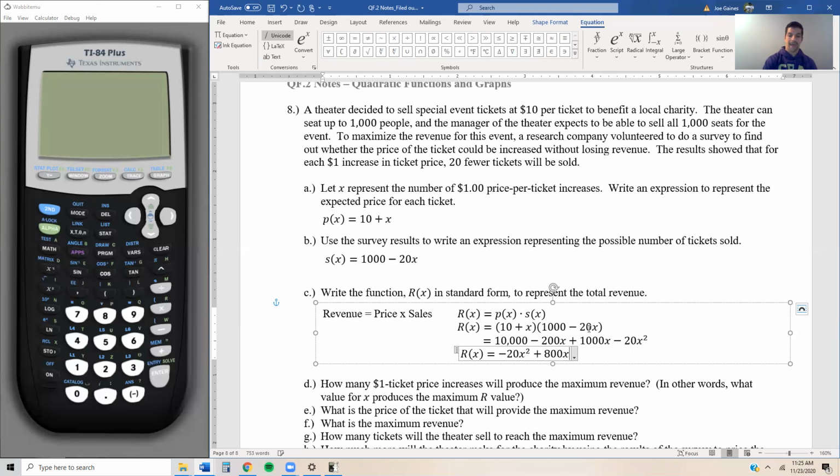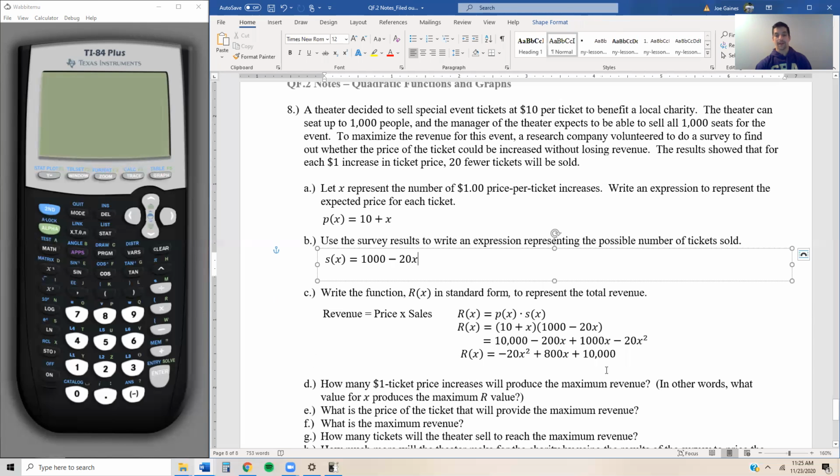And then I'm going to add my 10,000 as my constant at the end. So this is the equation that represents the revenue for this business. So we found an equation for price, we found an equation for sales, then we multiplied price times sales to come up with revenue.